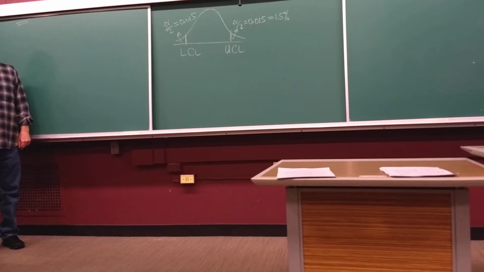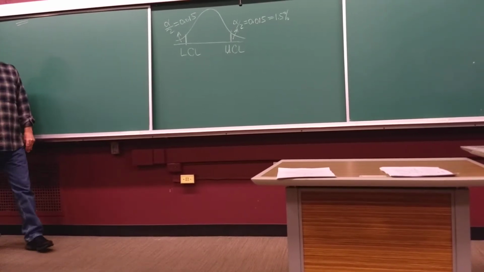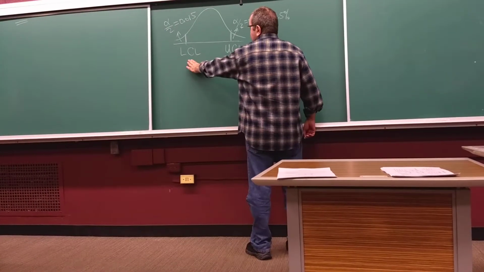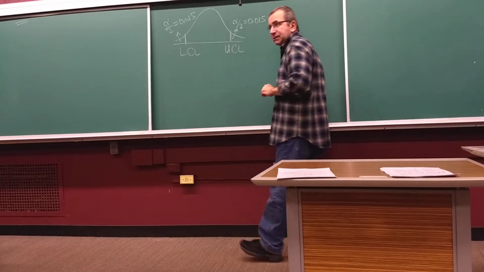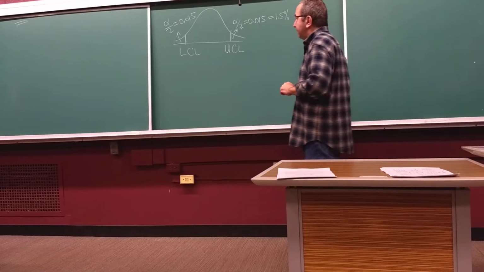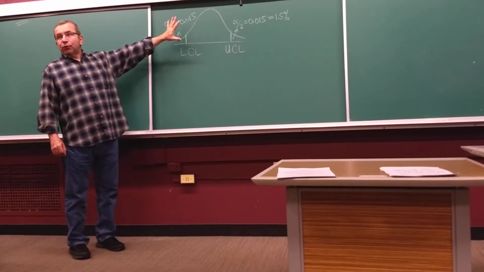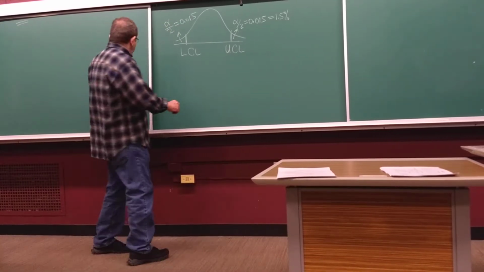So we want to find these upper and lower control limits. We go from this normal distribution to standard normal.